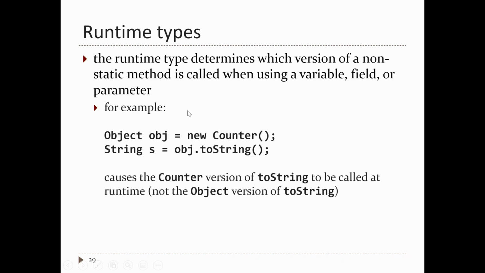So I store a Counter object in an Object reference. If I call toString on obj, which version of toString do I get? I don't get the Object version of toString, I get the Counter version. The runtime type determines which version of the method you get. It's the runtime type that determines the actual version of the method that gets run.